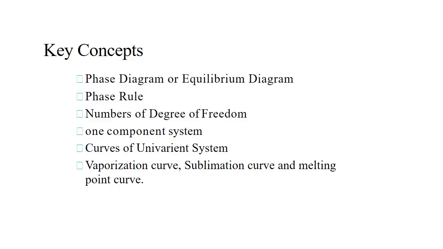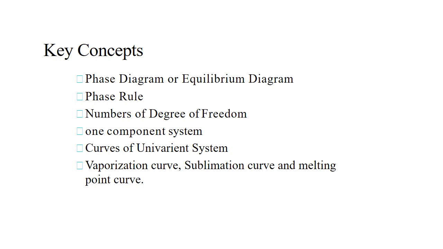Key concepts. Following concepts will be covered in this lecture. What is phase diagram or what is equilibrium diagram? First of all, we will discuss how the phase diagram is drawn.